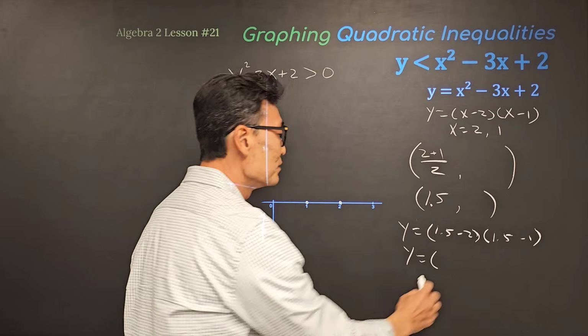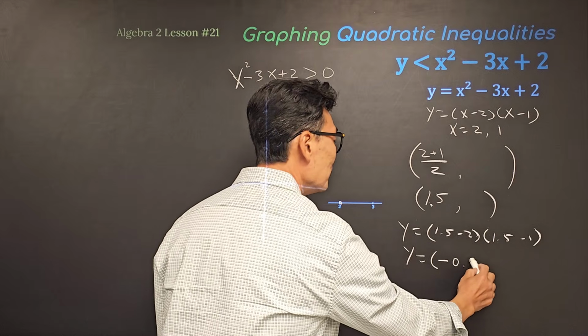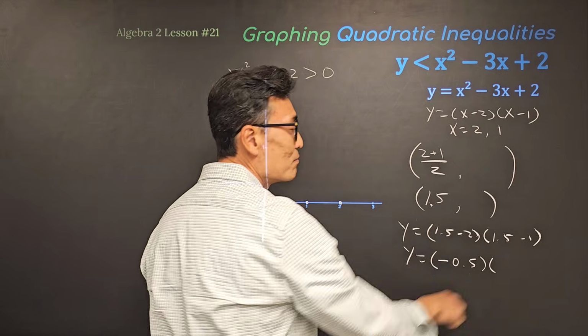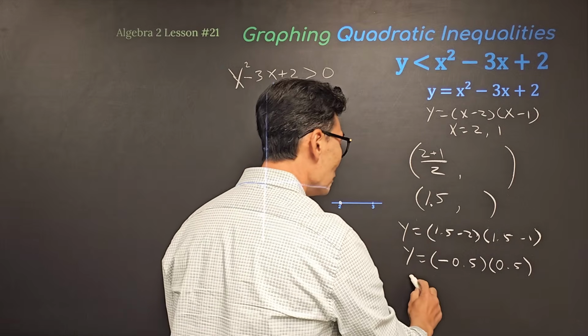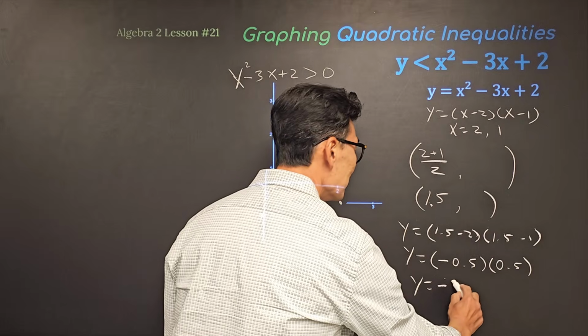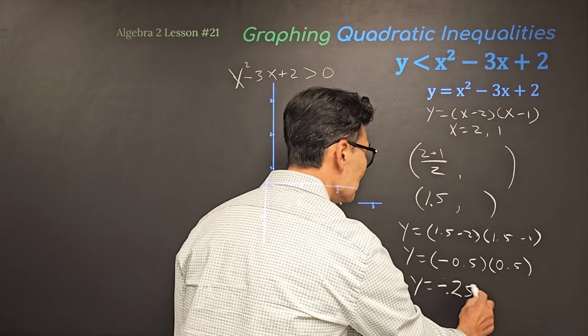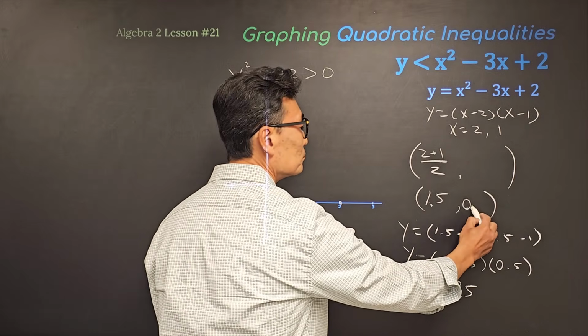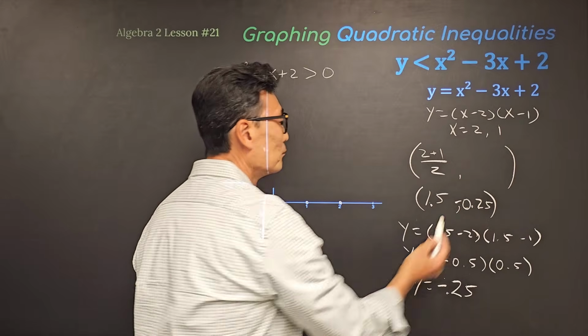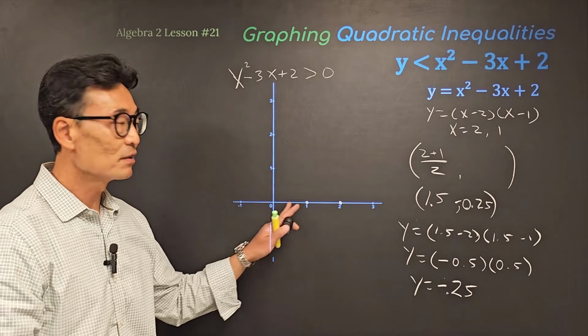1.5 minus 2 is negative 0.5. And 1.5 minus 1 is positive 0.5, where y is going to be negative 0.25. So I'm going to mark the vertex on the graph.